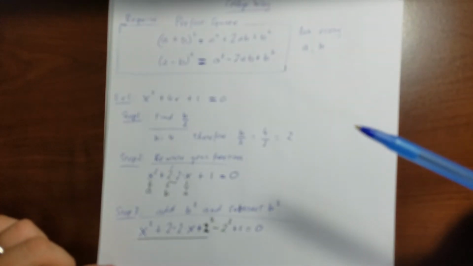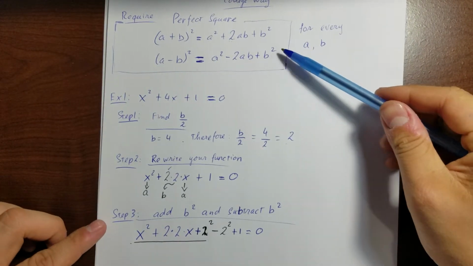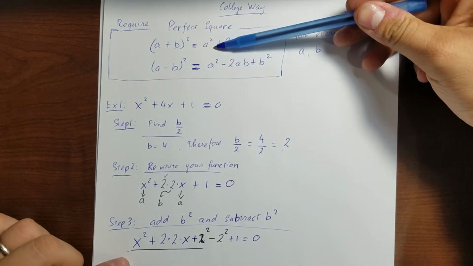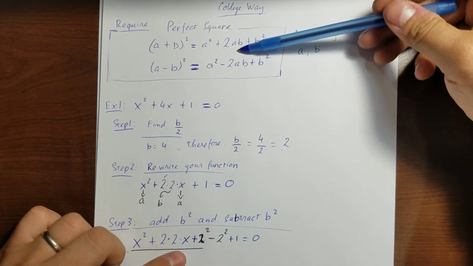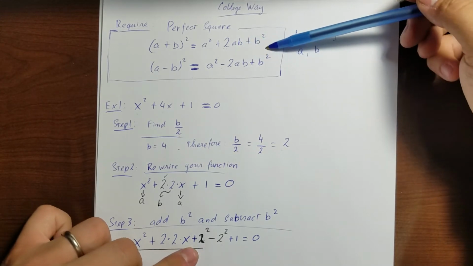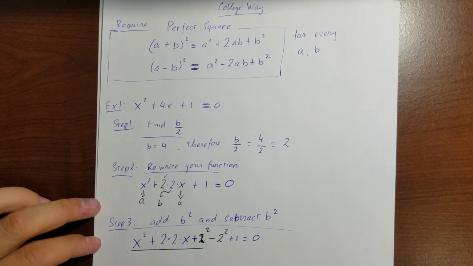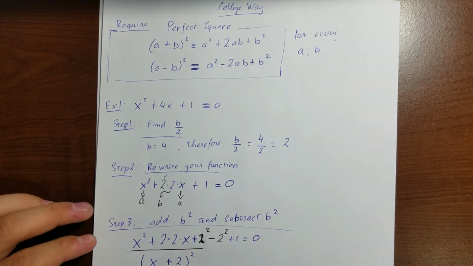At first we got a squared, we got 2, okay, then we got AB, these 2 right here, and then we got B squared. Then we say, well, it looks just like a perfect square now. So based on that, we can say that it will be x plus 2 squared by the perfect square formula.